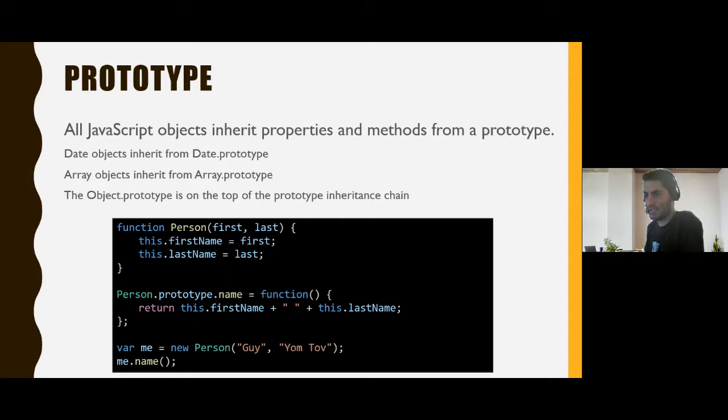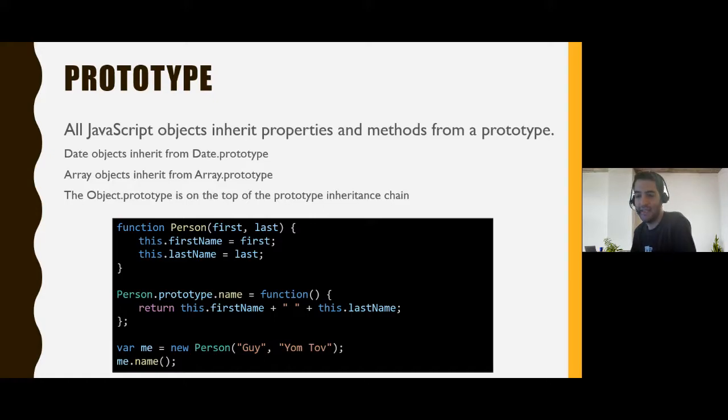One subject before the last one is prototypes. Prototypes are JavaScript's way of having object-oriented inheritance and stuff like that. All JavaScript objects actually inherit properties from prototypes.